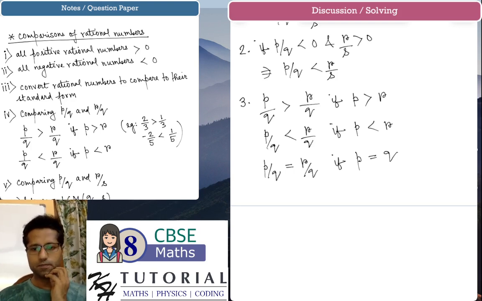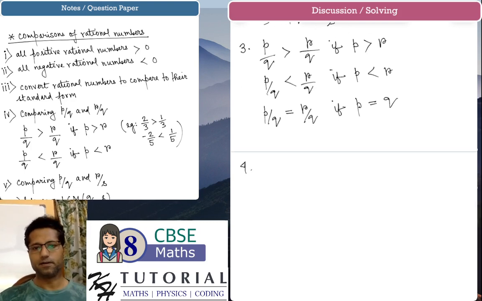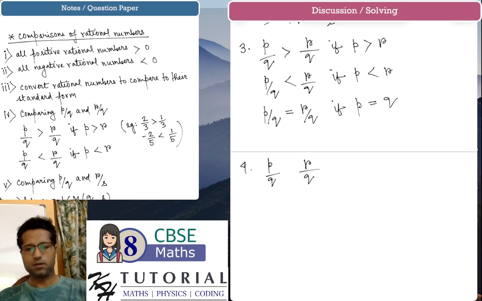Okay. Now what about if the denominators are different? This is where you have to do a little bit of work. So we have two rational numbers, p by q and r by s, and they both are in standard form, that is both q and s are positive, and they have different denominators, that is q and s are different.